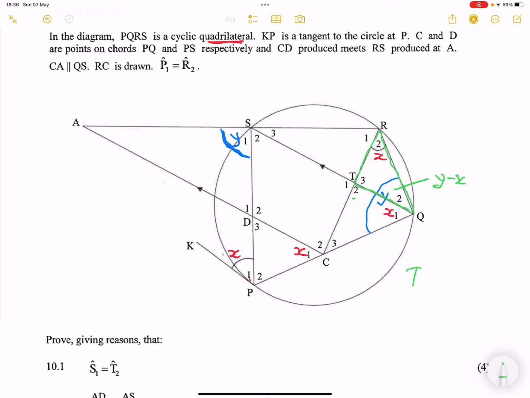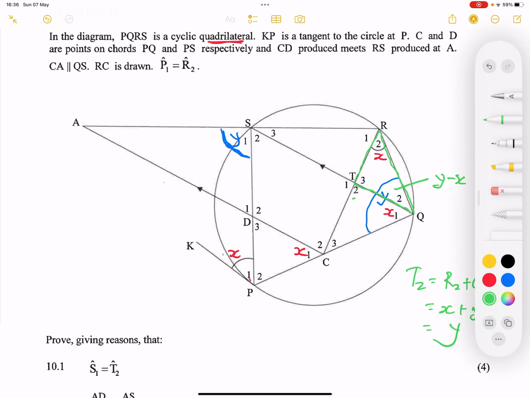So T2 would be equal to R2 plus Q2. R2 is X, and Q2 is Y minus X, and so that would be Y as well. So this angle here would also be equal to Y.